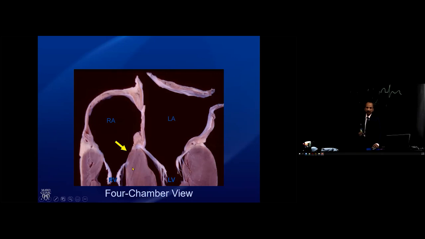But that's only true on the right side. Because of this separation, where the mitral valve inserts more septally than the tricuspid valve in the normal heart, that region, the AV nodal region, when we look opposite on the left ventricular side, is underneath, more ventricular to the mitral valve. So if we were, for example, ablating a mitral isthmus VT, and we tuck the catheter up under the mitral valve, it is possible to injure the AV node.